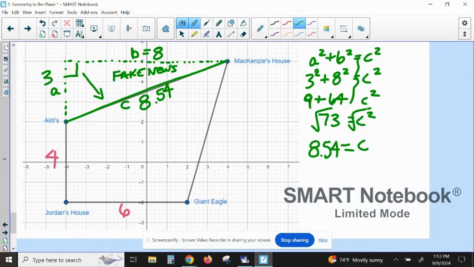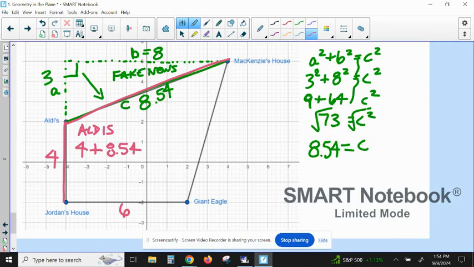So now can we figure out how far it is to go from Jordan's to Aldi's to get the eggs and go to Mackenzie's? Okay, so how far is it from Jordan's? If we went to Aldi's, we'd be going 4 plus 8.54.